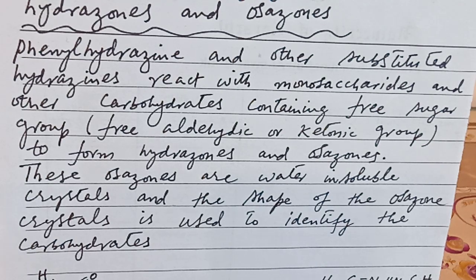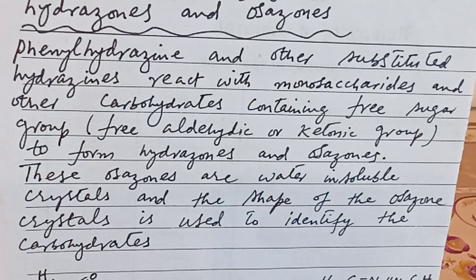These crystals are called osazone crystals, and they are insoluble in water. You put these crystals on a glass slide and observe under a microscope using the 25 times lens. So you will observe the different shapes of the crystals.